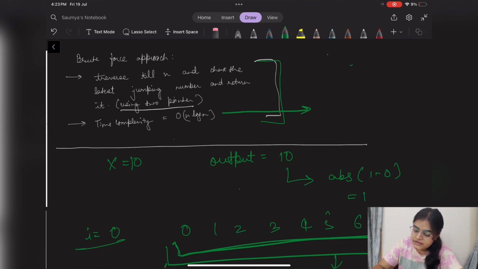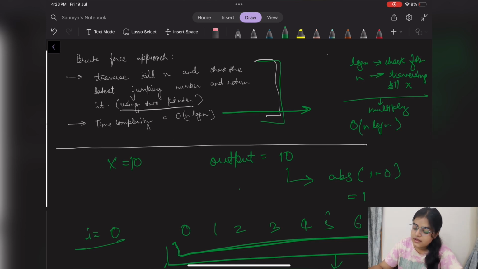So log n is for the check function and n is for traversing till x, and we have to multiply it. So big O of n log n.